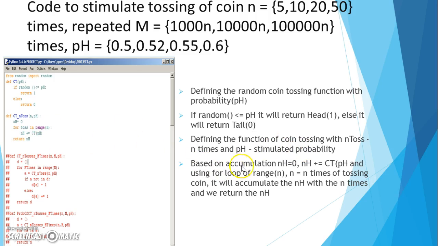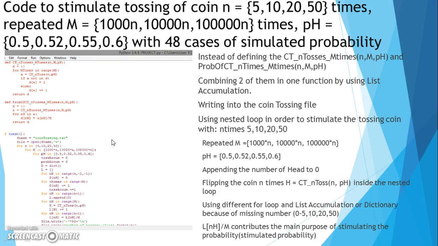You can see based on the accumulation, nh equal to 0, so nh plus n equal to CT with pH, and using the for loop range n is the number of times of tossing the coin, and it will accumulate the nh with the n times, and after that we return nh. The rest I will show you later on.